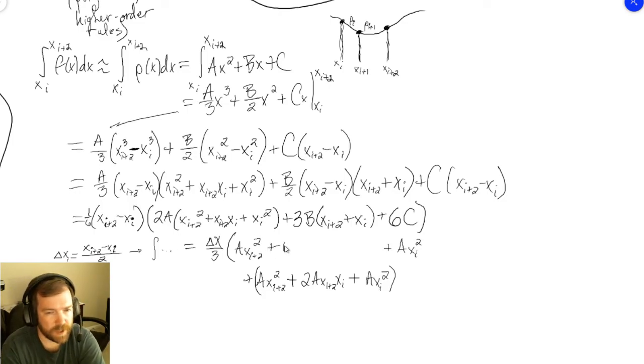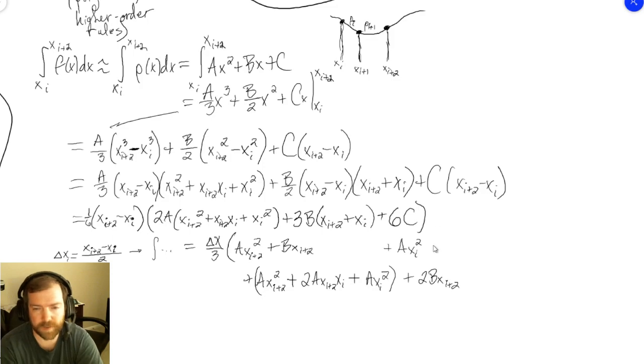One is going to be here, so b x sub i plus 2, and also down here. There are now two more b x sub i plus 2's. The 3b x sub i's are going to be split again, one over here, and one down here. Or, sorry, two down here. 2b x sub i's down there.